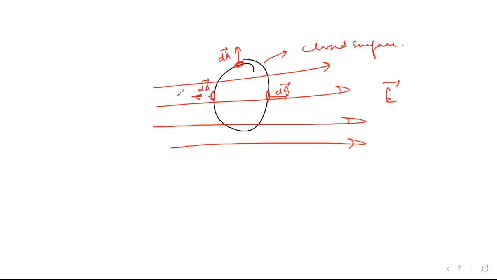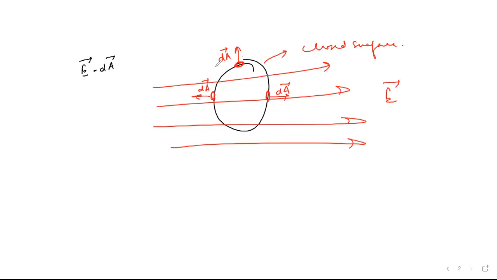Then at each patch we find the dot product of the electric field with the area vector, where E is, for example, here if we selected this patch, the electric field at this location of this patch of the surface.